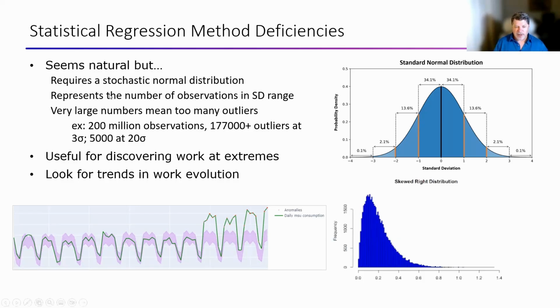So in the chart on the bottom left, this is another example based on some real-time data, where you can see the shaded area, which I guess is pink, represents the baseline. That's the mean plus so many standard deviations above and so many standard deviations below. That's probably, I think, at the 3 standard deviation level.